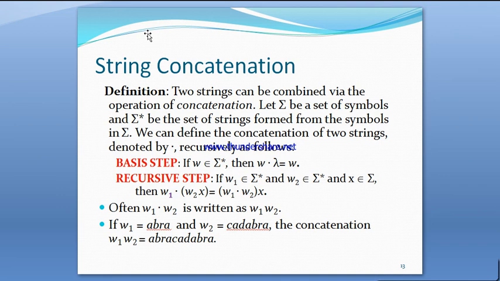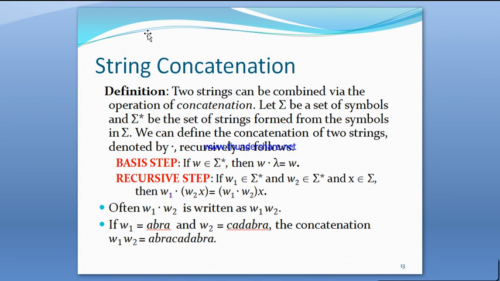In the basis step, we specify the initial value always. If w belongs to sigma star, then w dot lambda equals w, because lambda is an empty string. In the recursive step, we specify the rule.